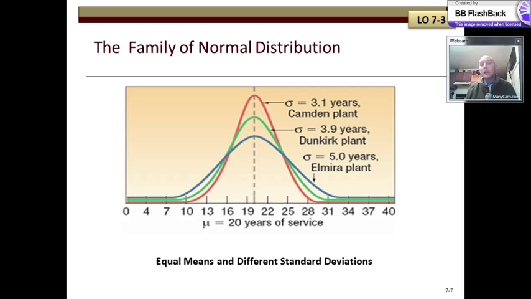We call that platykurtic. Somewhere in the middle, we have the green curve. Its standard deviation is between the leptokurtic and the platykurtic, so we're going to call it the mesokurtic. It's somewhere between leptokurtic and platykurtic. A couple of easy mnemonics: first of all, meso starts with M and it's in the middle.